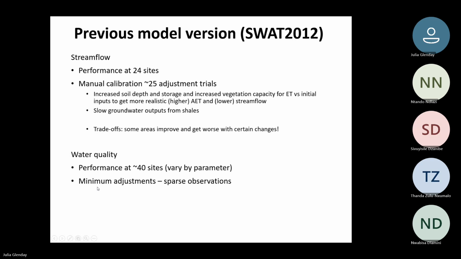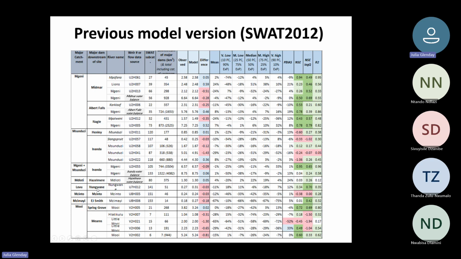And then the similar was happening at other wastewater treatment works, and then some areas had too high and too low. So I'll just show some of the stream flow results of the previous model to show you what I was talking about with some areas being better and some areas being worse performance in the previous model.